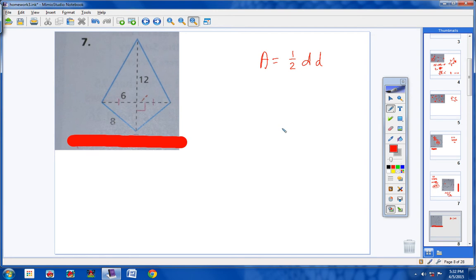Okay, so we know this is 6 right here with a slash through it. So we know this line over here with the same slash must be 6 also, okay? There we go. Now, we know from here to here is 12. However, we don't know what this length is right here.